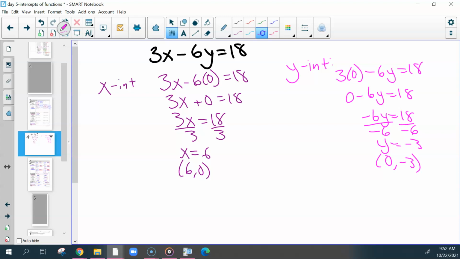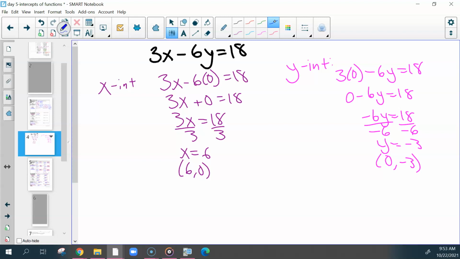So if you get a problem like this, you could work this out fully, like we just did. You can also skip steps. If you know for a fact and you remember that when you are solving for an x-intercept, you're putting 0 in for y, that would be the equivalent of this becoming 0 and it disappearing.